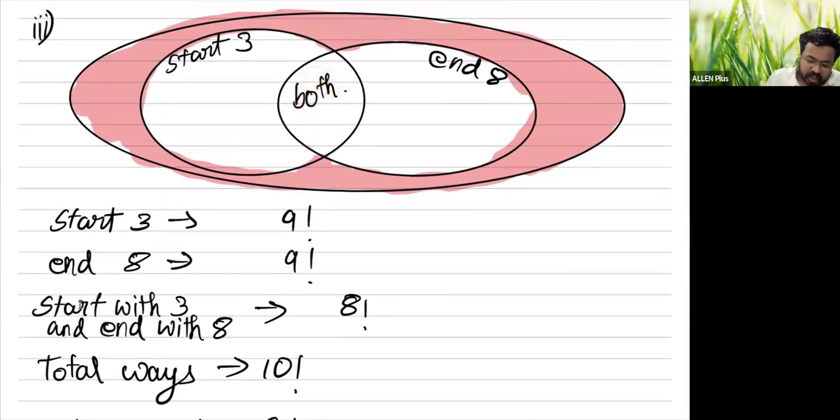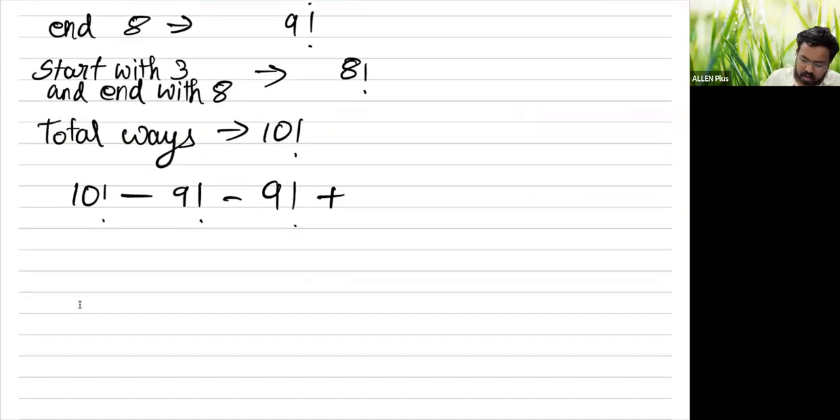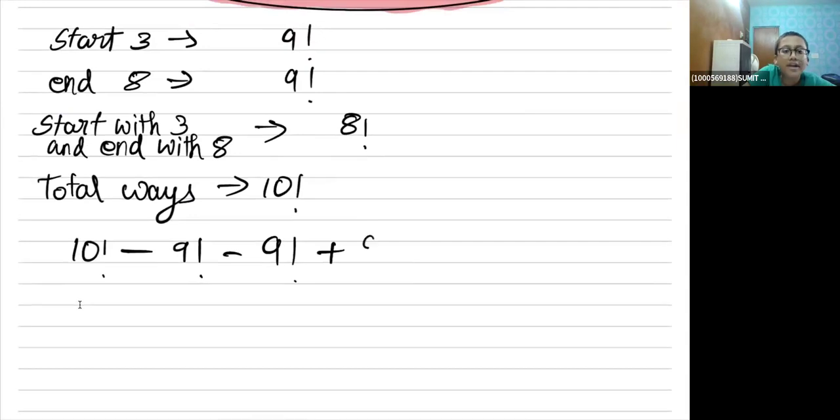Because when you were removing the arrangements which start with 3, you had removed certain arrangements which start with 3 and end with 8. That same stuff happened when you removed arrangements that end with 8. Some arrangements were also starting with 3 also. So you add back 8 factorial.